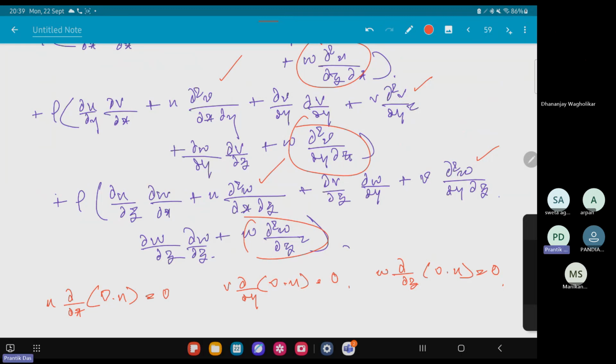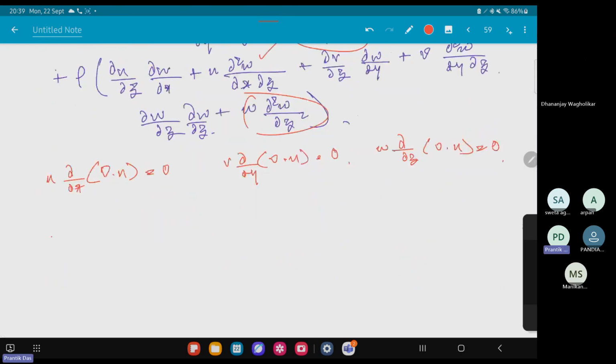So now I'm going to simplify this equation.